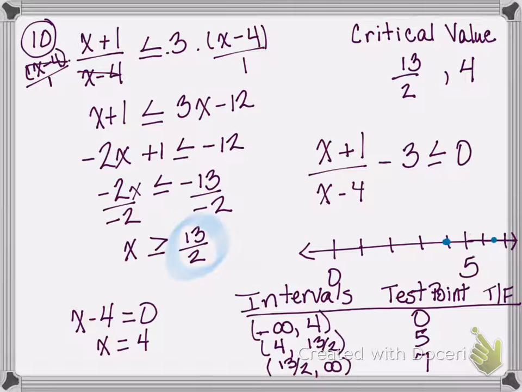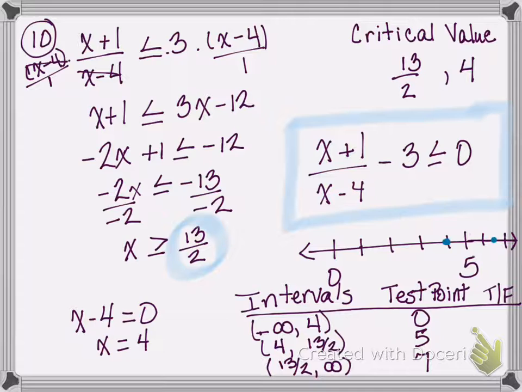So I am going to go back to this inequality statement, and I'm going to plug 0 in for x. That's my first test point. So when I plug 0 in for x, I get 0 plus 1 over 0 minus 4. So that is negative 1/4 minus 3.